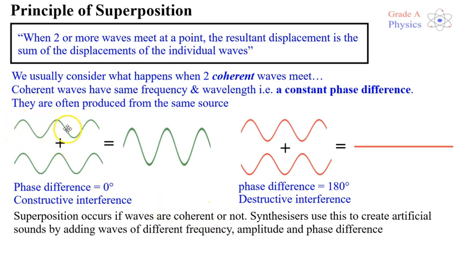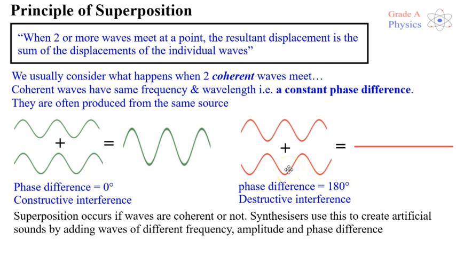If the two waves, both coherent, meet in phase, which means their phase difference is 0, then they add up to make a wave which has twice the amplitude of the original wave. So the amplitude increases. The other extreme is if the phase difference is 180 degrees, so anti-phase, and then they cancel out effectively. A peak meets a trough, that cancels out to give 0, trough meets a peak, and so on.